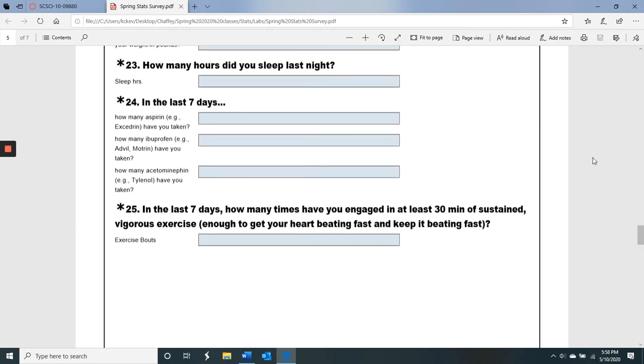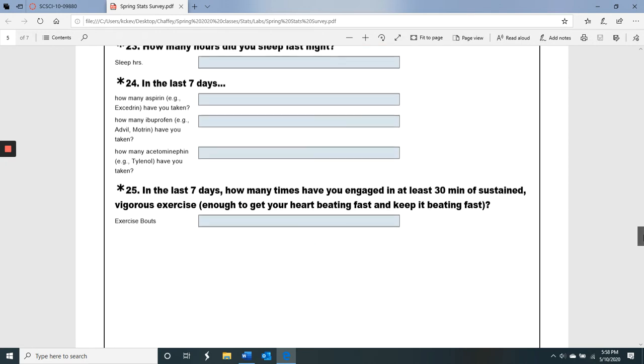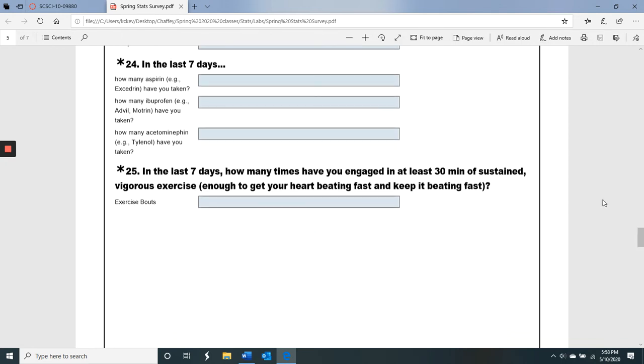23, how many hours of sleep did you get last night? That's ratio. You could have 0 hours. And time, hours, is equal intervals. 24, so how many aspirins did you take in the last week? So that's ratio.